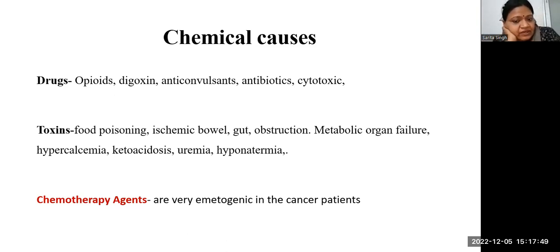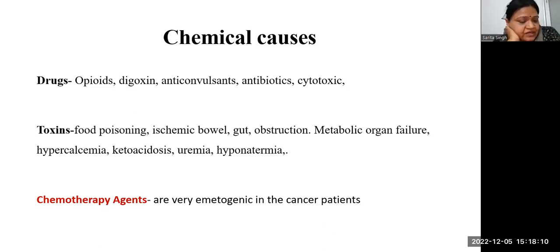And the metabolic organ failure, like if the patient is having extensive disease that goes into the organs and gets metastasized, the patient may go into organ failure and that can cause vomiting, nausea, ketoacidosis, uremia, hypercalcemia.